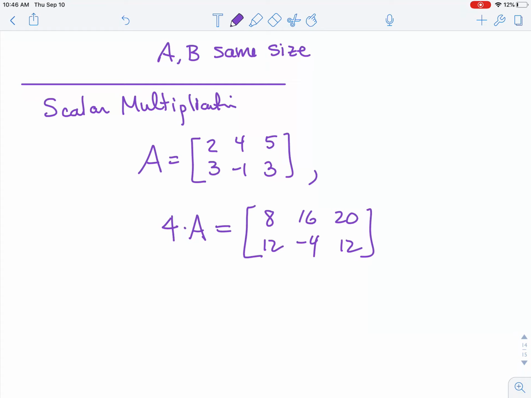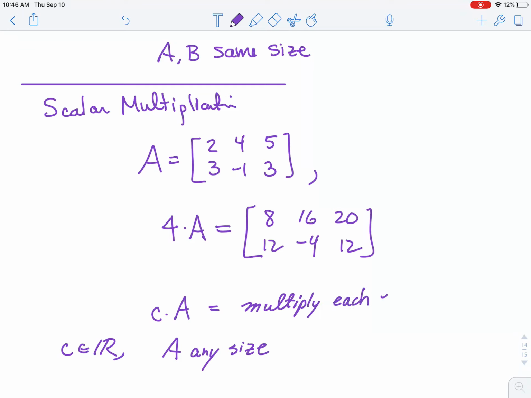But in general, if I do C times a matrix A of any size, where C is a scalar, so it's a real number, then this is just multiply each entry of A by the number C.